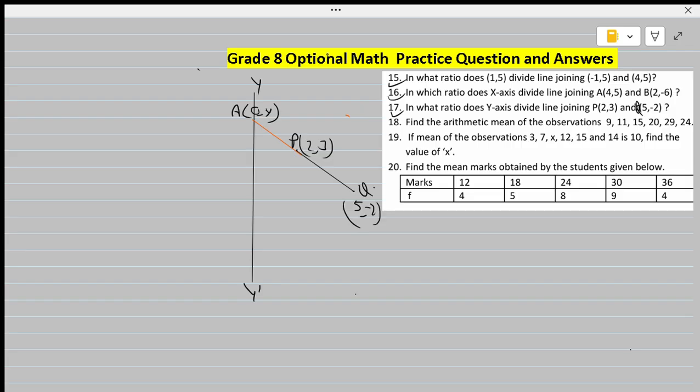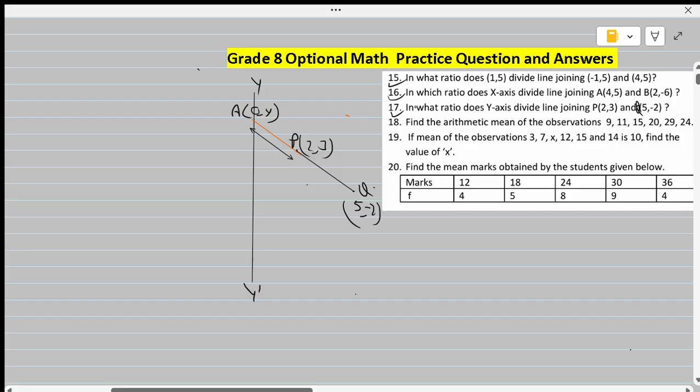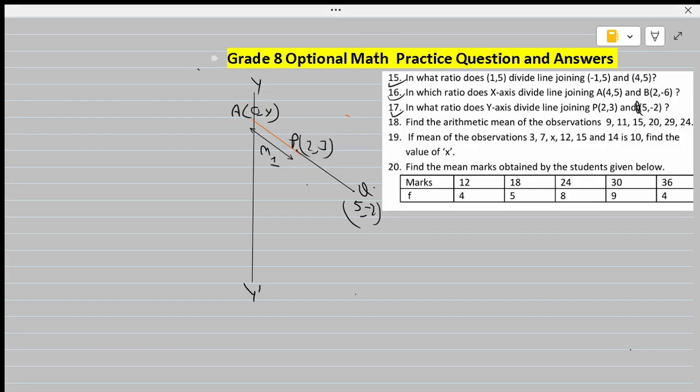So any point on the y-axis we can consider as (0, y). From the dividing point A to the first point P we consider the first ratio m1, and from the dividing point to the second point Q, the second ratio m2.